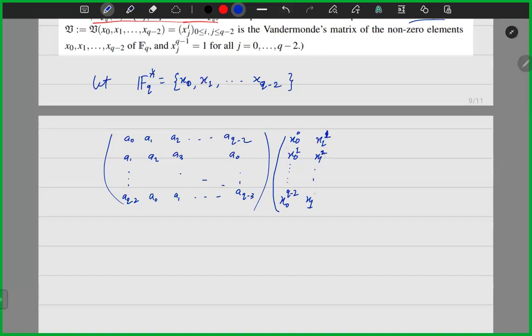In the last you have X(Q-2), and then the next one is X(Q-2) power 0, and so on, up to X(Q-2) power Q minus 3.